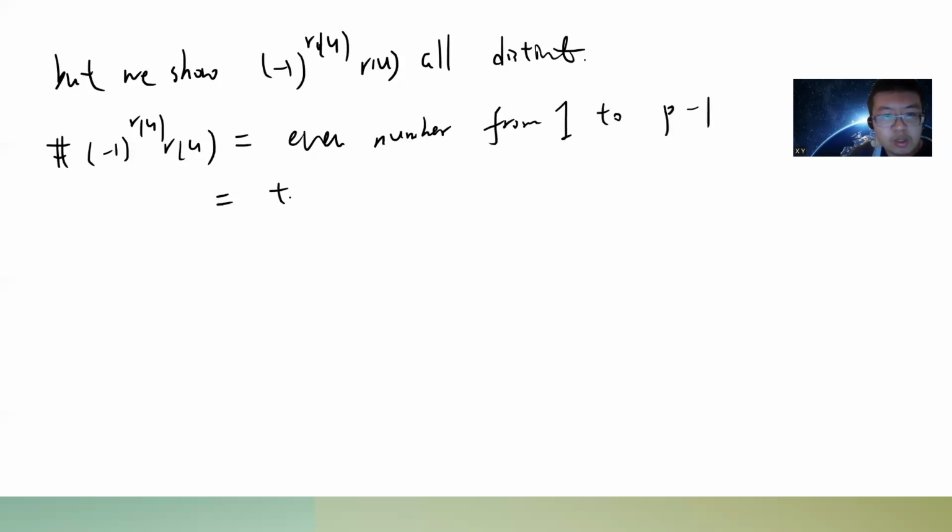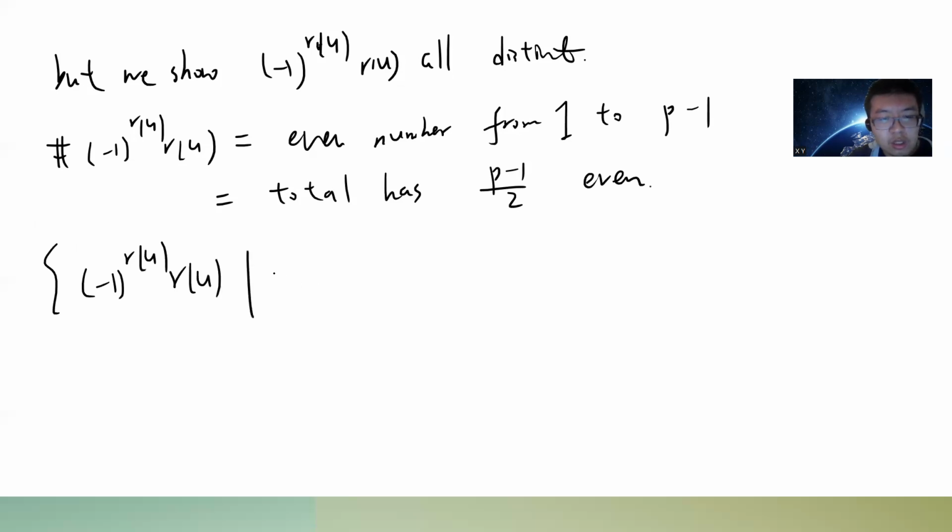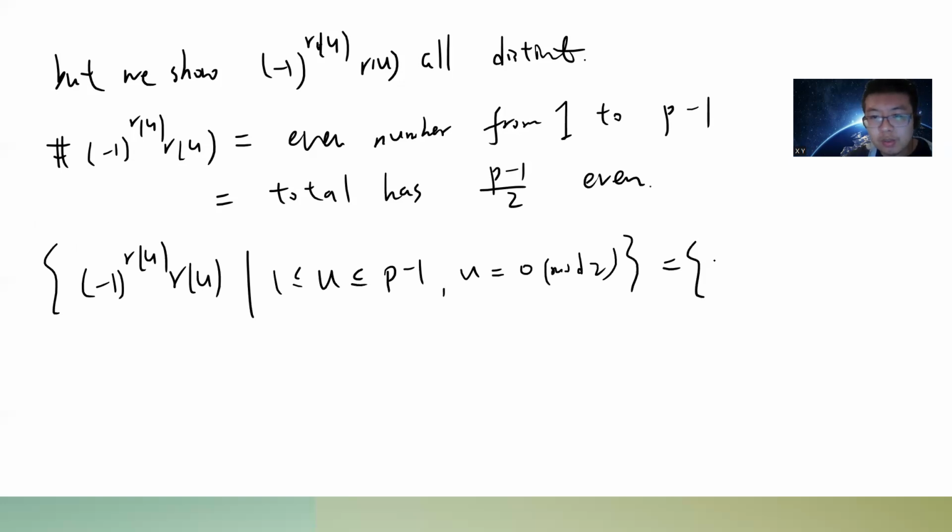So in total there are P minus 1 divided by 2 of them. Since they are all distinct, the set of these must be a permutation of 2, 4, 6 up to P minus 1.